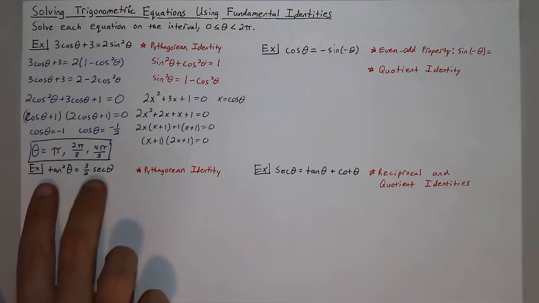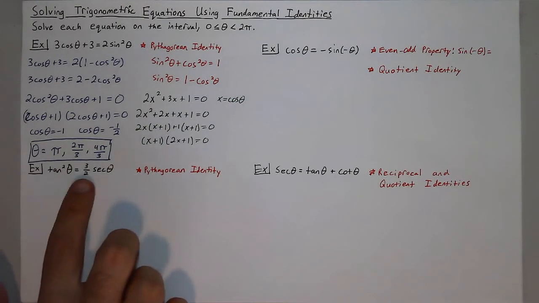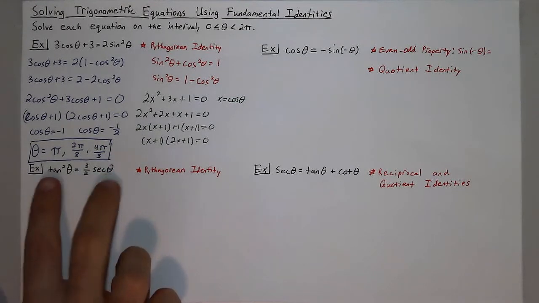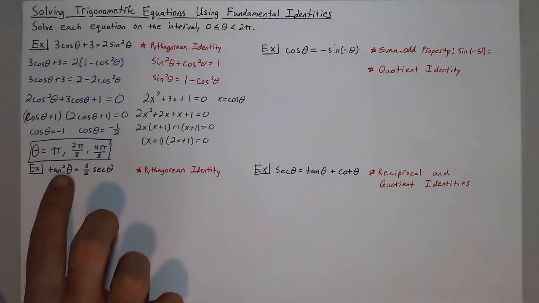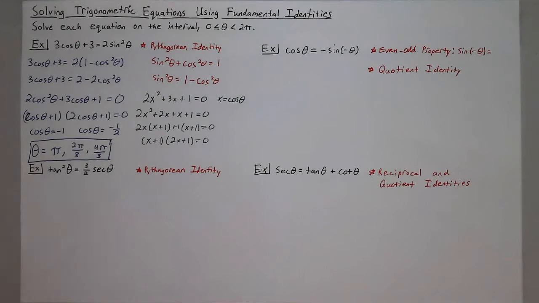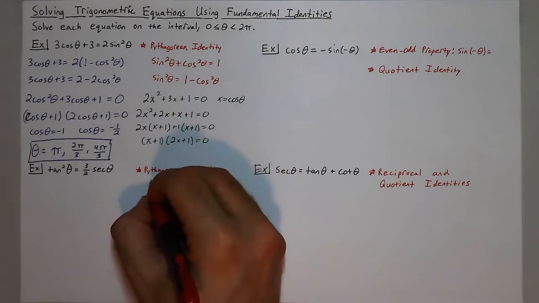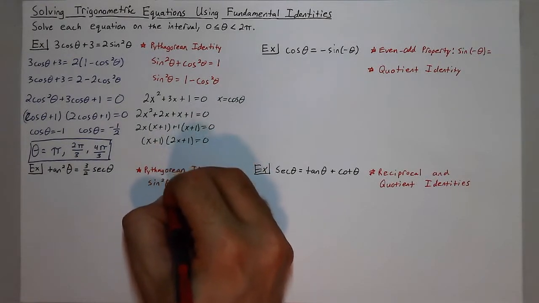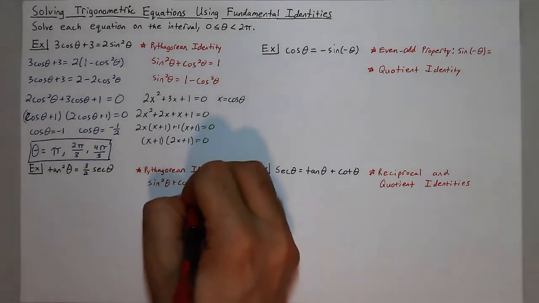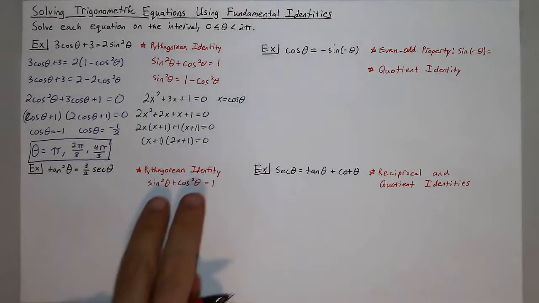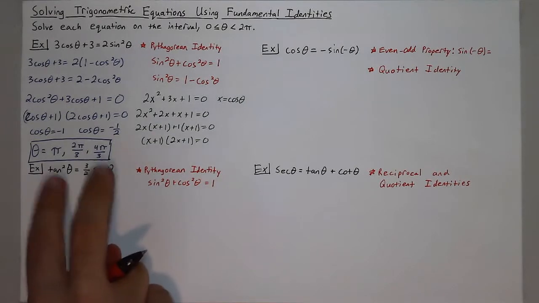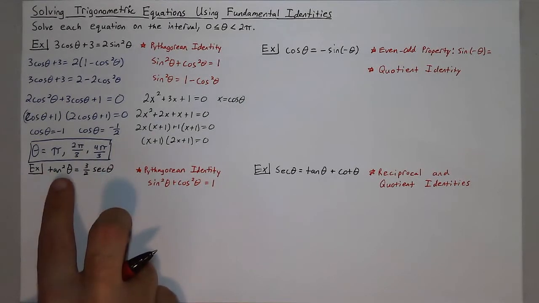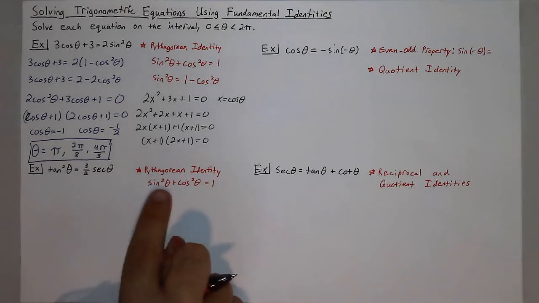Now next up, I have tangent squared is equal to 3/2 secant of theta. So again, two different trig functions, but again, I see this trig function squared, so my mind goes immediately to the Pythagorean identity, which is sine squared plus cosine squared of theta equal to 1, which initially wouldn't seem helpful since there's no sine or cosine in this expression, but I can create tangent squared by dividing the sine squared by cosine with that quotient identity.